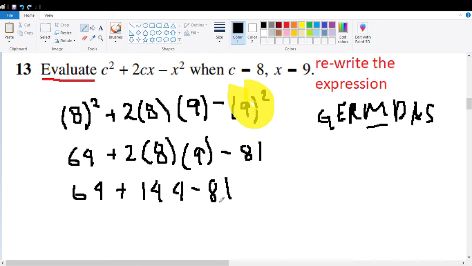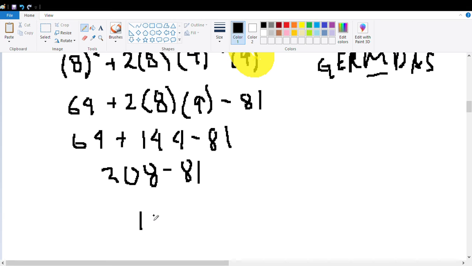Now we add: 64 plus 144 is 208, minus 81 is 127.